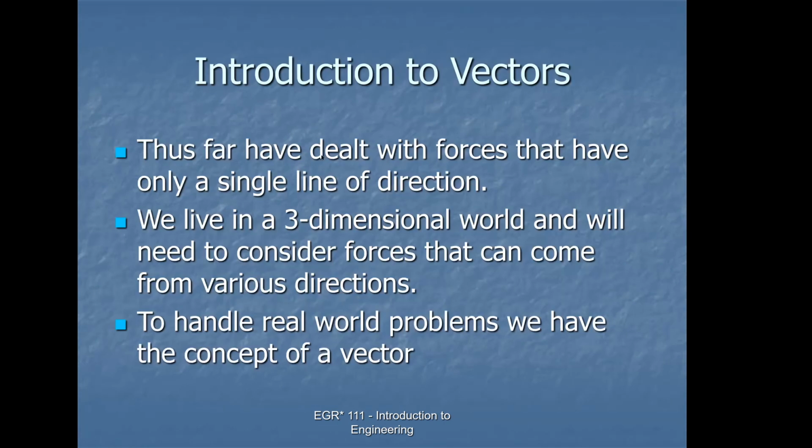Thus far, anything we've had with forces has just been a single line of direction. If you're talking about weight, let's say, you could just put it as a single line of direction, pointing straight down. But we also have to be concerned with forces that are acting in more than just straight up and straight down.